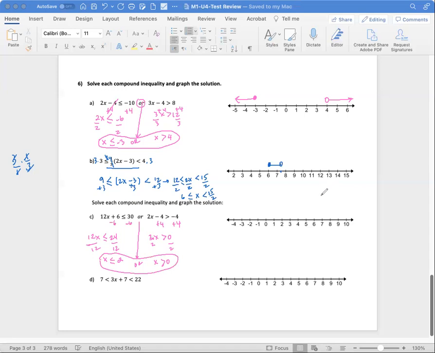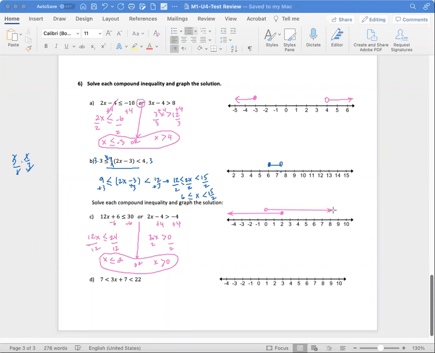So how do we graph this? Less than or equal to 2 means closed circle at 2 and to the left. That's less than or equal to 2. Greater than 0 is open circle at 0 and to the right. So you want this or that.